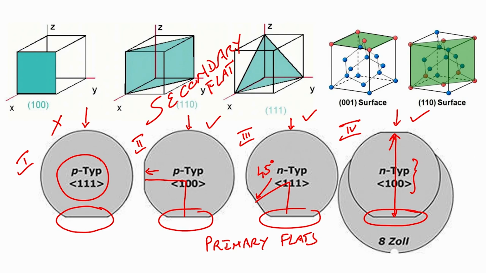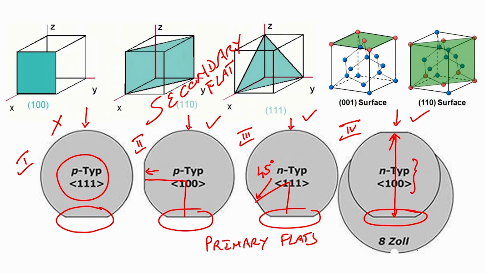We learn that with respect to primary flat, wherever the secondary flat is there or if the secondary flat is absent, we can distinguish the p type from n type and 100 from 111 for all the silicon wafers. Alright, that is the advantage of looking at the Miller indices.